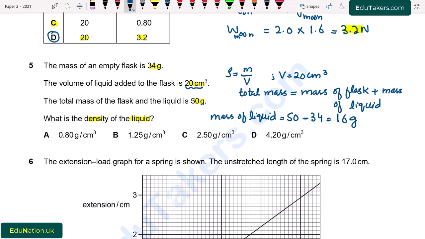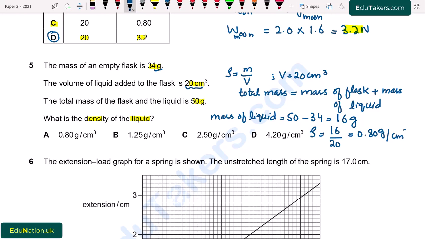Next, I am going to put the values in the formula of density. It will be equal to mass 16 gram divided by volume 20 cubic centimeter. So the value of density comes to be 0.80 and the unit will be same. The mass is measured in gram divided by volume in cubic centimeter.